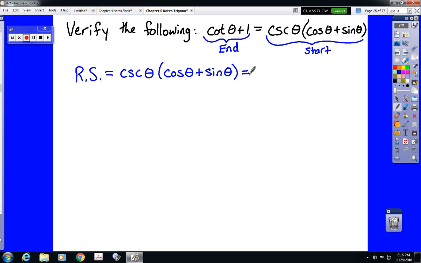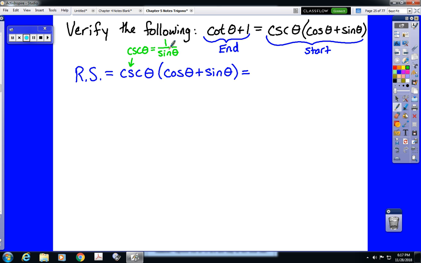So now I'm going to write another equal sign, and I'm going to make some changes to that. Now we said earlier that our approach is going to be to turn everything into sine and cosine. So if we look at the three expressions in this statement, only one of them, cosecant, is not currently sine or cosine.